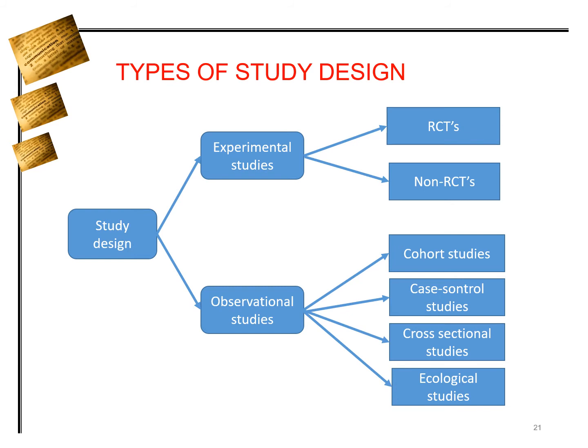Now, just to recap, there are the types of study design that we should know. Basically, there are two main types, which are experimental studies and observational studies. Now, under experimental studies, or intervention studies sometimes they are called, we have the randomized controlled trials and the non-randomized controlled trials.